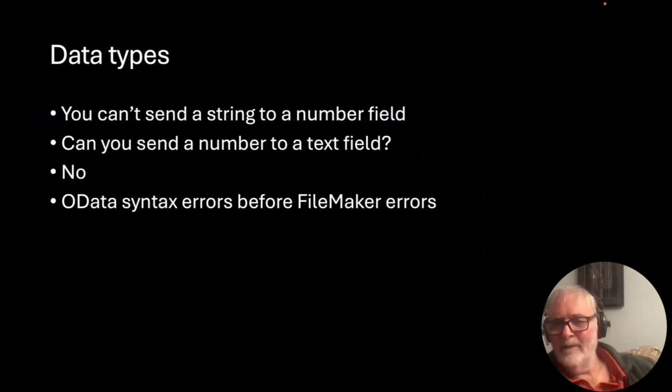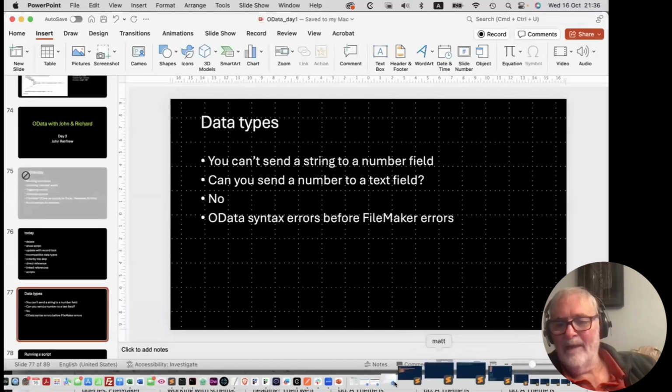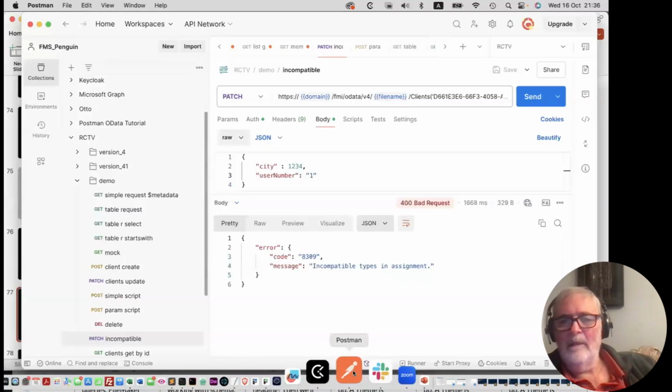But also, can you send a number to a text field? No, absolutely not. Before we even get to anything that's happening inside FileMaker, OData is going, you've told me that that field there is a string field and that field there is a number field, and you're trying to send this piece of data to it. That isn't going to work.